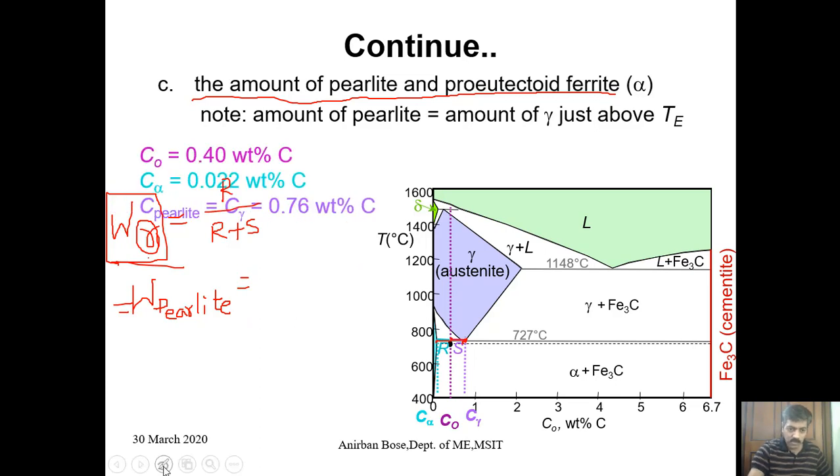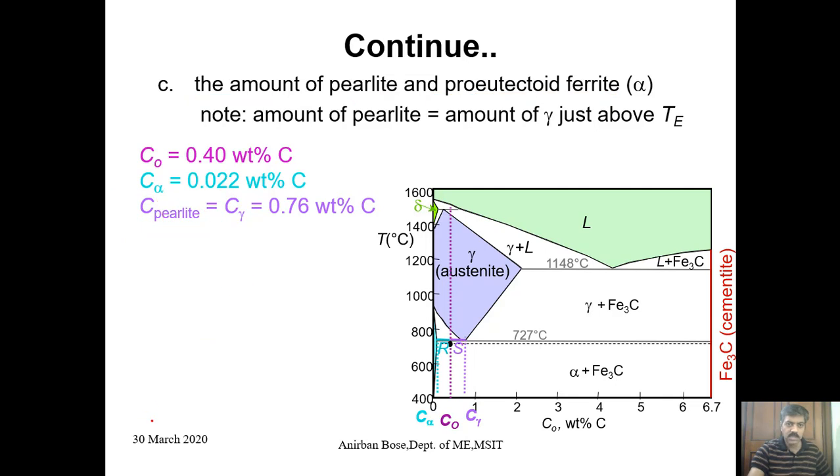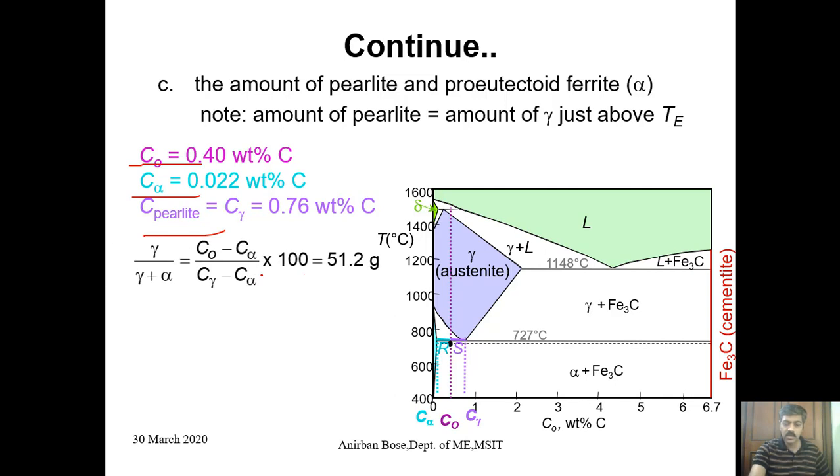So you can see this is the overall composition, the composition of ferrite, the composition of pearlite. So here it has been found out. Considering 100, you just multiply by 100 because it is given that the total steel is 100 gram. That's why 100 is multiplied. Otherwise, this is the fraction.